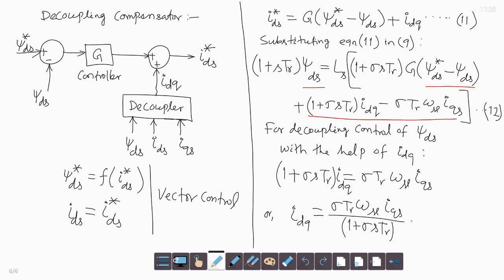This is the compensating current idq derived from the model, and this is equation number 13.